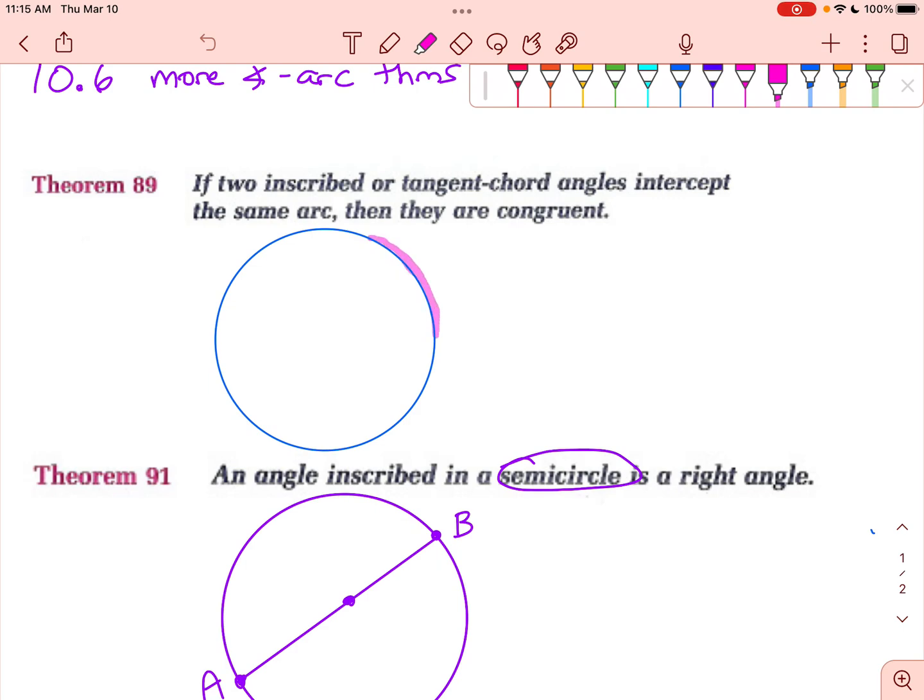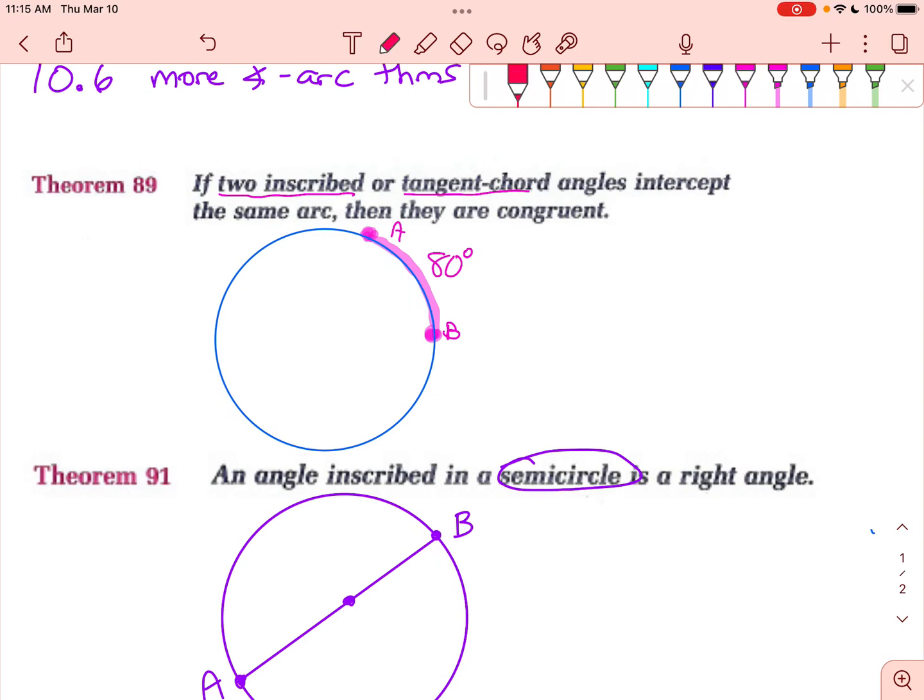If I have an arc, I'm going to draw an arc and put my endpoints, and we'll call those endpoints A, B. And hypothetically, we're just going to say that this arc is 80 degrees. If I was to draw two inscribed or tangent chord angles, those two angles have to be congruent to each other.